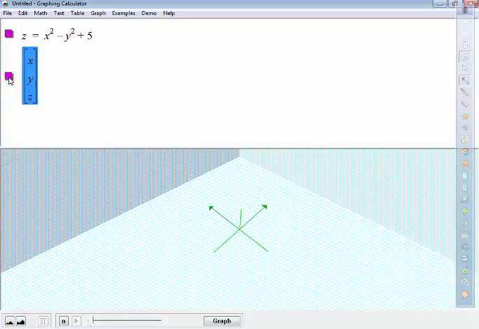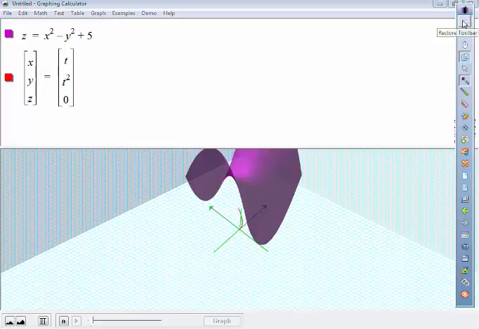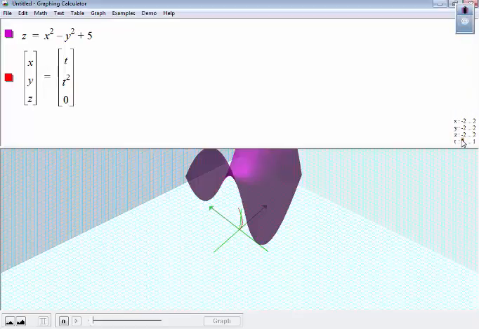So t, t squared, and 0. So you see that? That's on the floor.